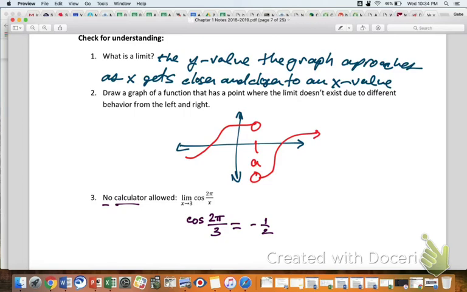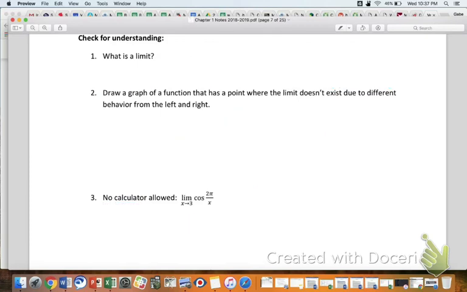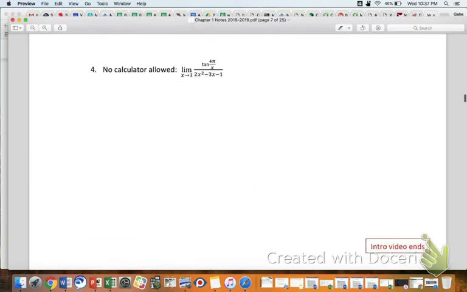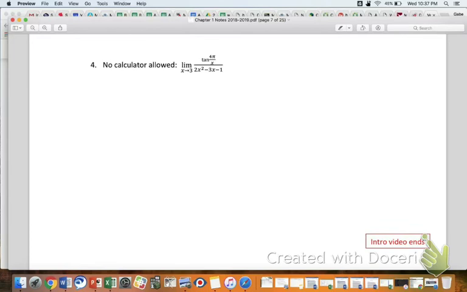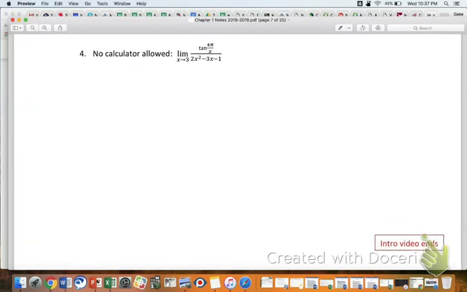Okay, and then the last one, number 4, again, no calculator allowed. And we have no idea if this is a well-behaved function or not, so we're just going to try direct substitution and see if it works. So this will give me tangent of 4 pi over 3 over 2 times 3 squared minus 3 times 3 minus 1.